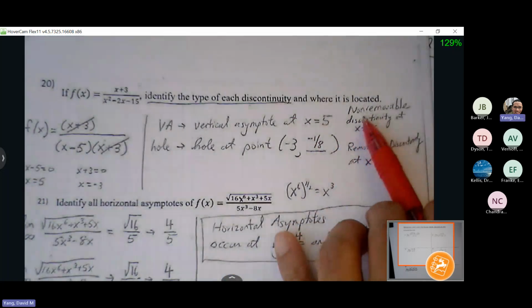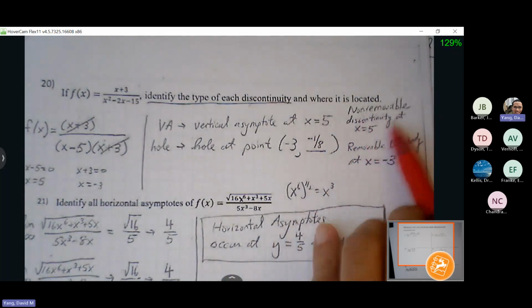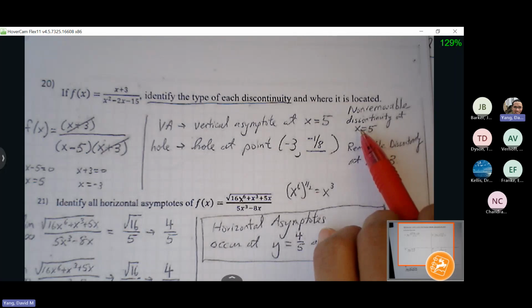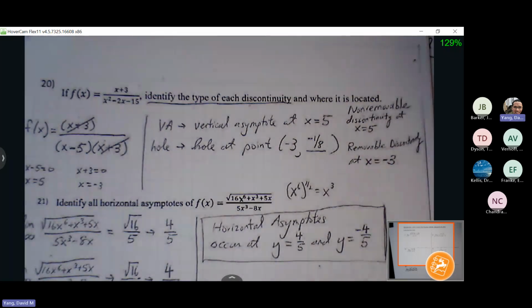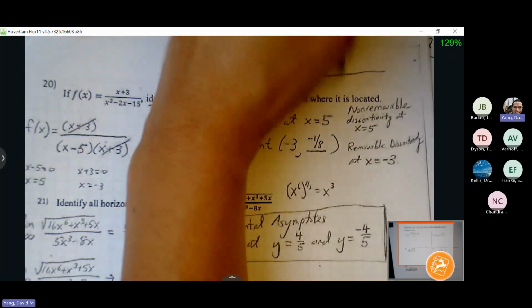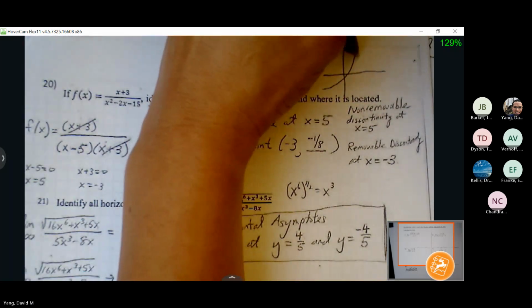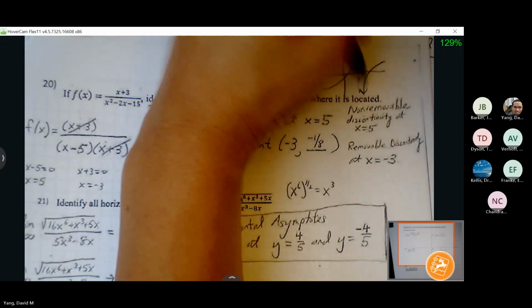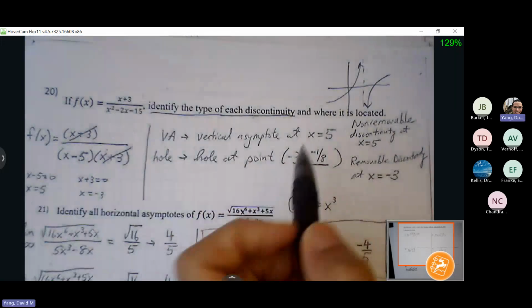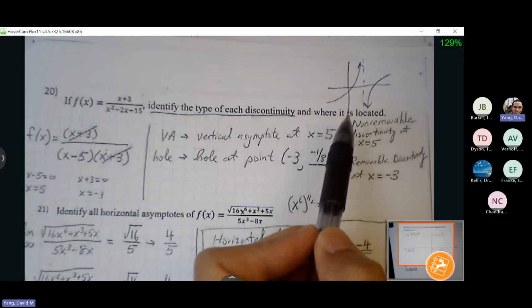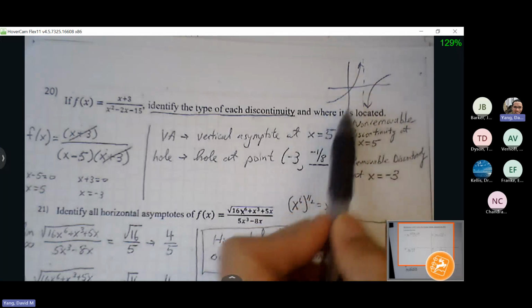So non-removable is a vertical asymptote. This means that we can't make one change and all of a sudden the function is continuous. So if I had a graph that looked like this, I can't make one single change and make the function continuous because there's too much of a gap here.